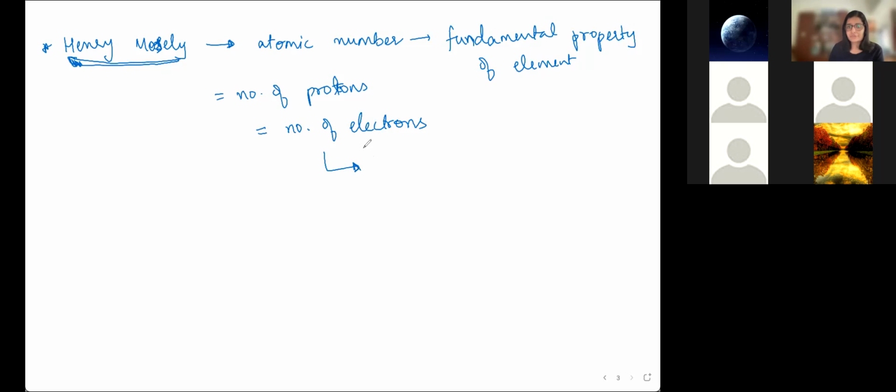Valency. There you go. Depending on the number of electrons, agar 6 electrons hai, then they are arranged in a certain way. So from the number of electrons, you get the electronic configuration. And from the electronic configuration, in the valence shell, do I have 1 electron, 7 electrons, 5 electrons? Depending on that, the valency, meaning indirectly the chemical and physical properties, are all decided.